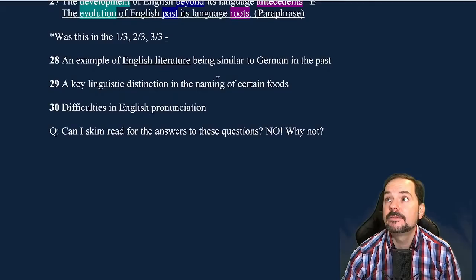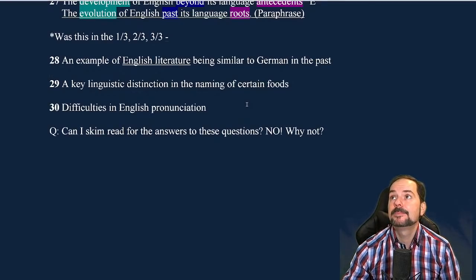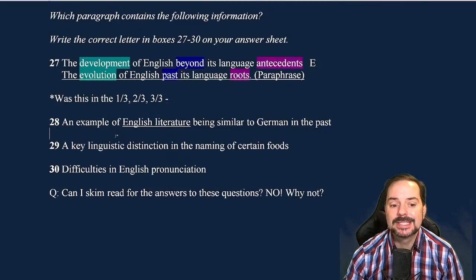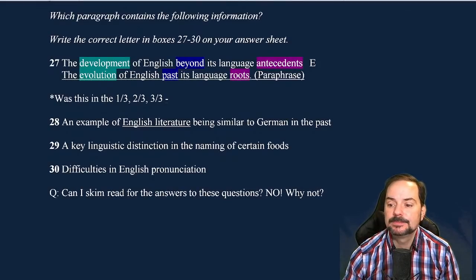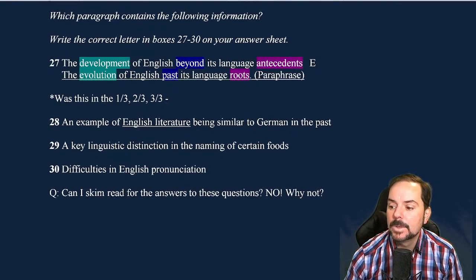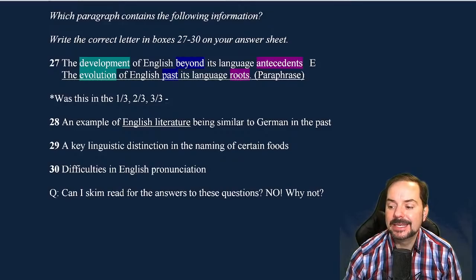What am I looking for here? An example of English literature being similar to German in the past. What am I looking for? That should be an easy one as well.